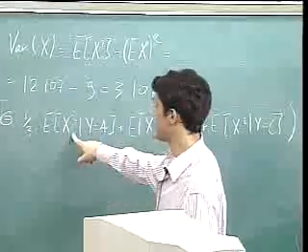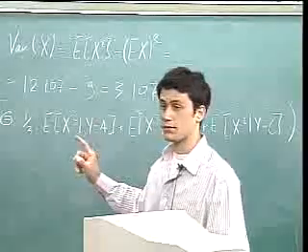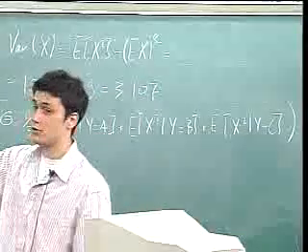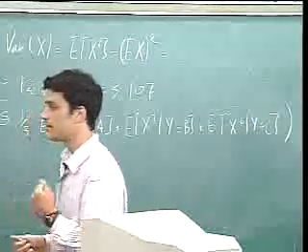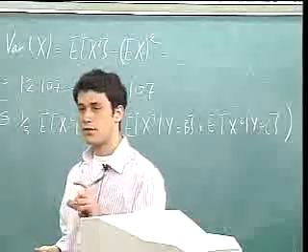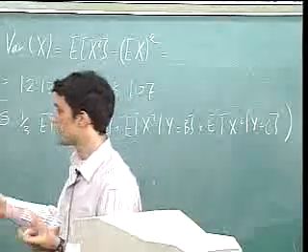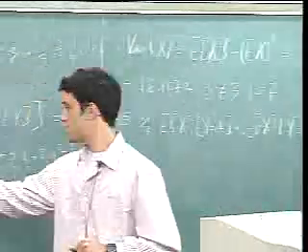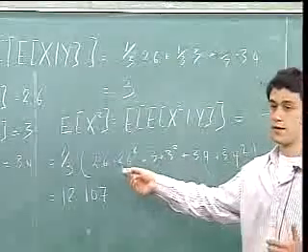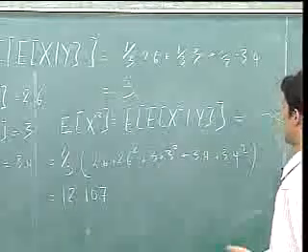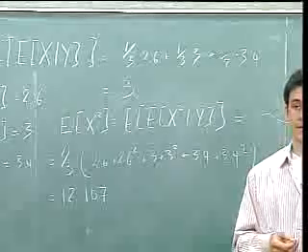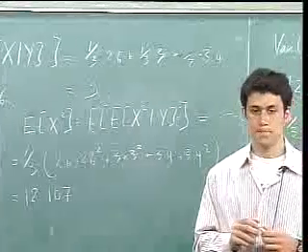But now for each one of these, we know that x is a Poisson, right? So x given y equals a is a Poisson 2.6. The expected value of the square of a Poisson is equal to its variance plus the square of its mean. This is the variance of x given y equals a, and this is the square of the mean of x given a. And these added together give you the expected value of x squared given y equals a. Okay?